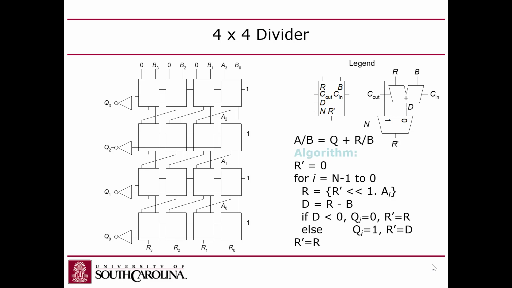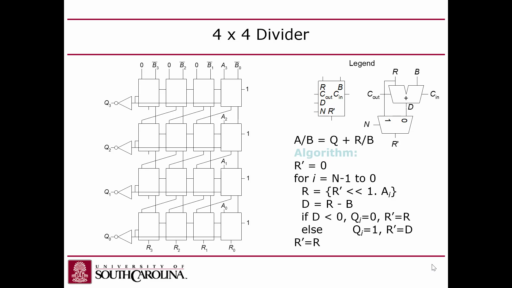So they're taking B, the divisor, that would be the 3 in that example, and they're doing a 2's complement. They're negating B, and they're sending a carry in, right? So that's the 2's complement. So they're negating the divisor, and the dividend is essentially shifted 3 bits to the right.